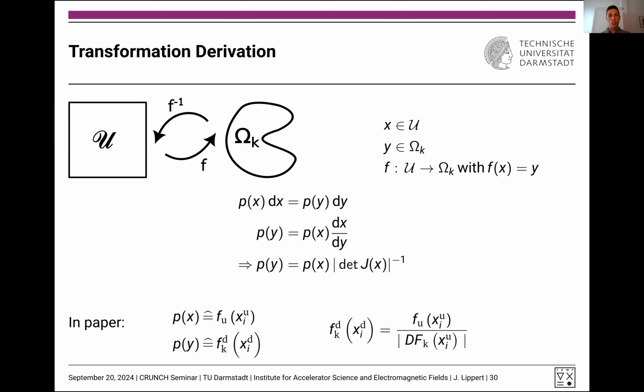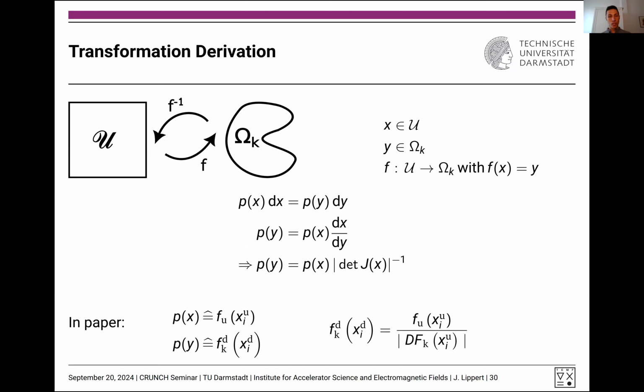So we can rearrange the terms to say that the probability distribution of our patch is equal to the probability distribution from where we sample, the unit square, times the absolute value to the power of -1 of the determinant of the Jacobian from this mapping. And then we have our probability distribution.